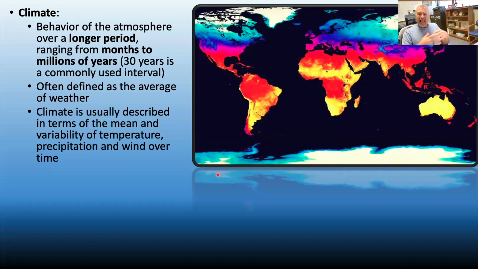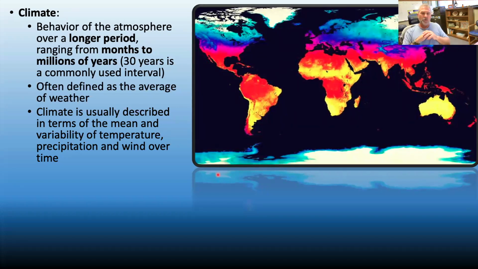To a great extent, that's the case. Climate really is the average of weather over a long period of time and over a global scale, right, or a very large regional scale. So you might look at climate along a specific continent, for instance.